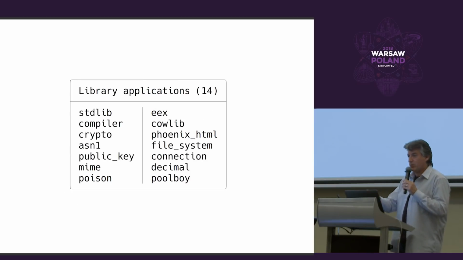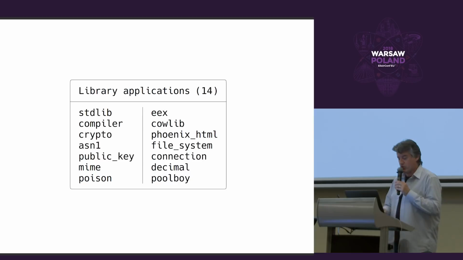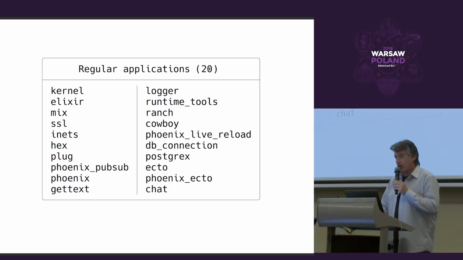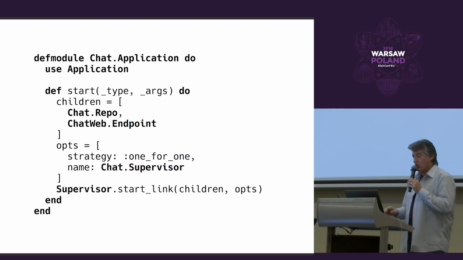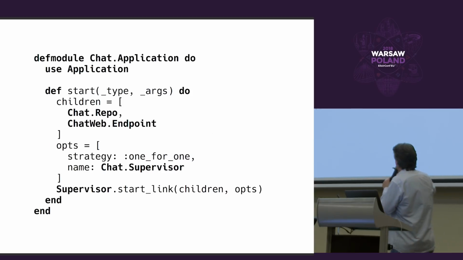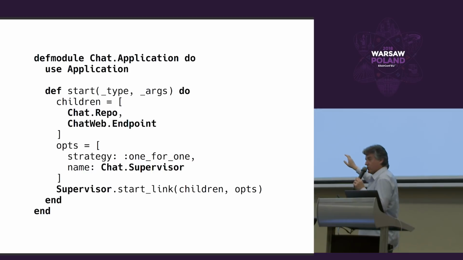Library applications. These applications do not have a supervision tree. Note, for instance, that we have here Poolboy. It doesn't have a supervision tree. Regular applications, I used the word regular here. These ones have a supervision tree. Okay, we start this. The supervisor starts, and the supervisor has to start the children.